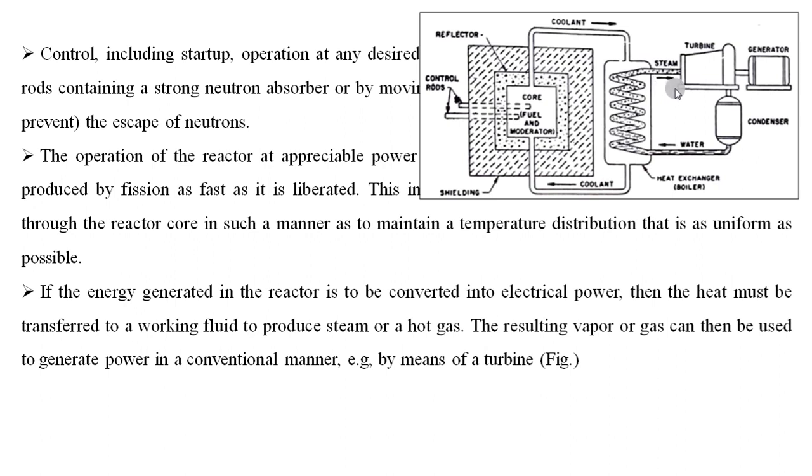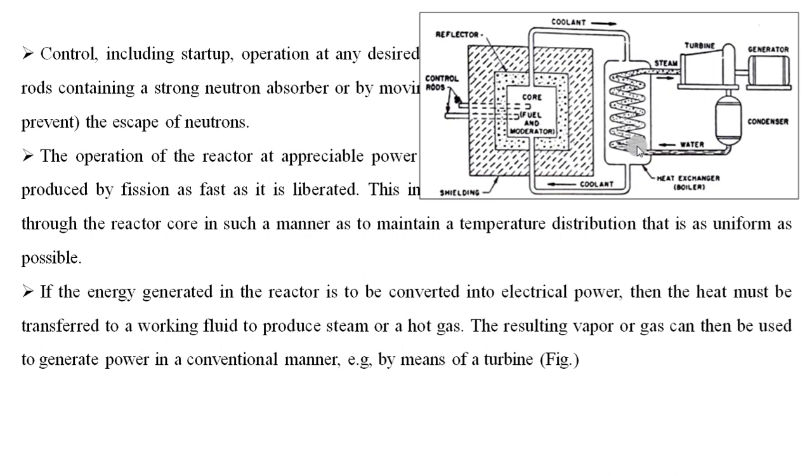As we know, for generating electrical power we require turbines and generators, and the turbines run with the steam. So the heat produced can be transferred to the working fluid.